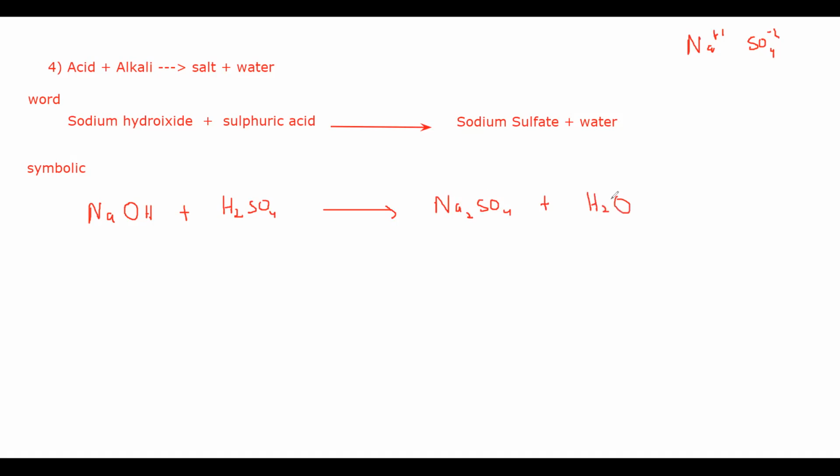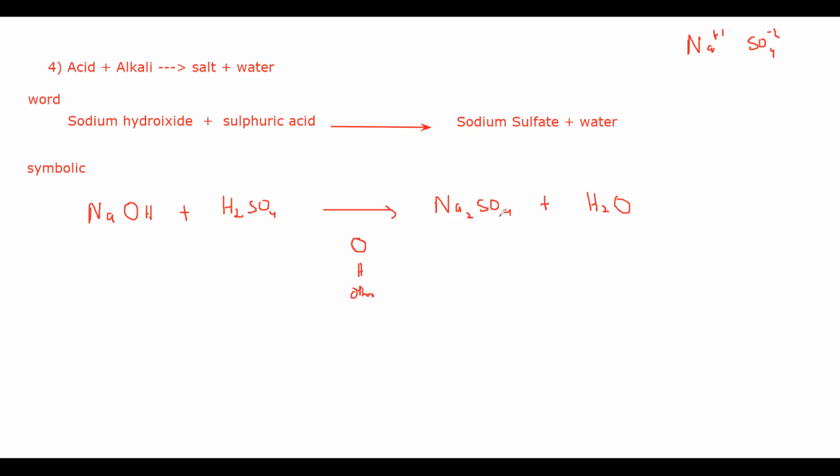This is a symbolic equation, but a symbolic equation must be balanced as well. So for balancing, first we complete the equation, then for balancing, we start with oxygen, followed by hydrogen, and then other elements. So when we start with oxygen, oxygen on our left hand side is 4 + 1 = 5, on the right hand side 4 + 1 = 5.